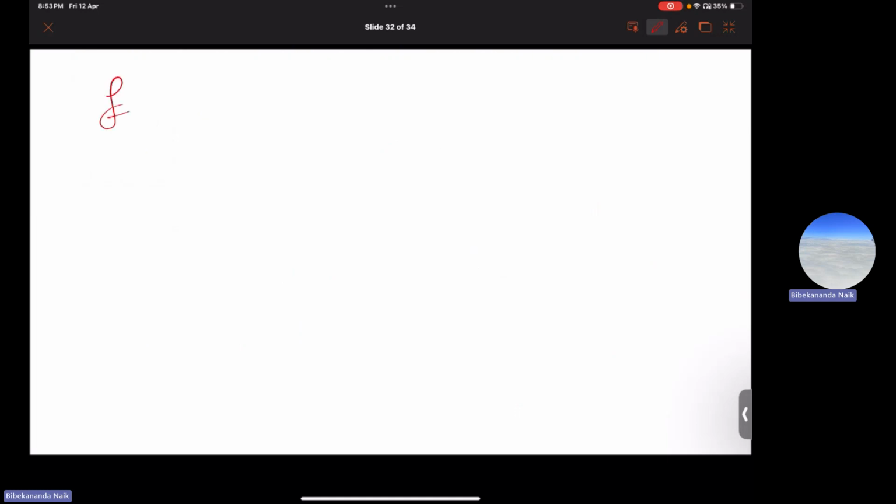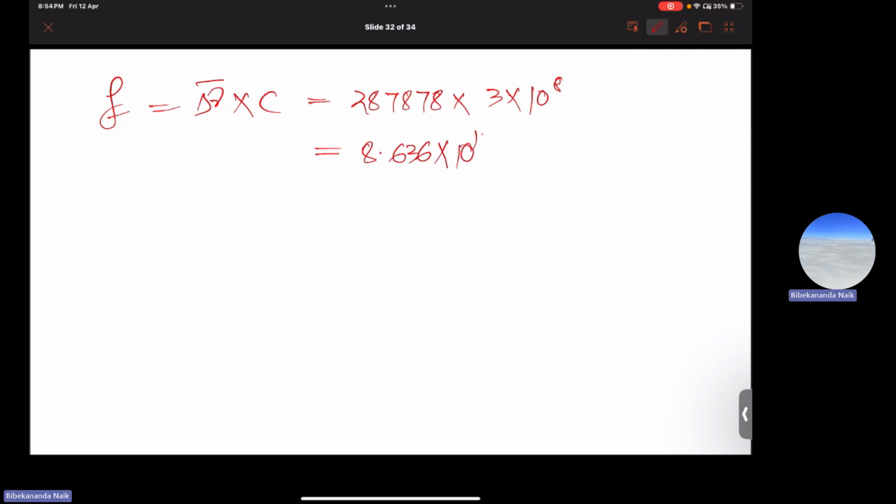So the fundamental frequency will be this Raman shift into velocity of light. It is 287878 into 3 into 10 to the power 8. It is 8.636 into 10 to the power 13 hertz.